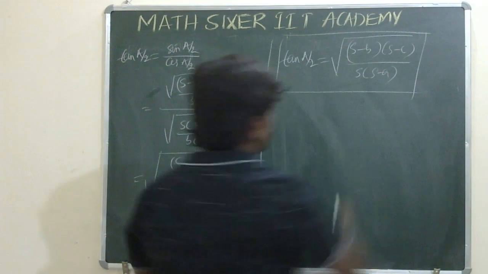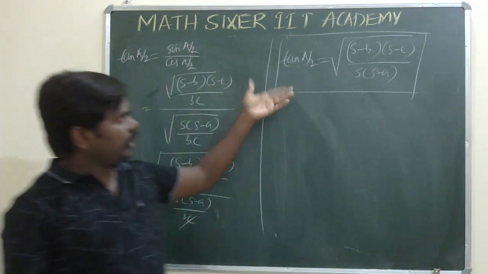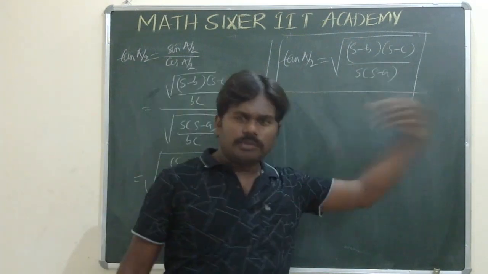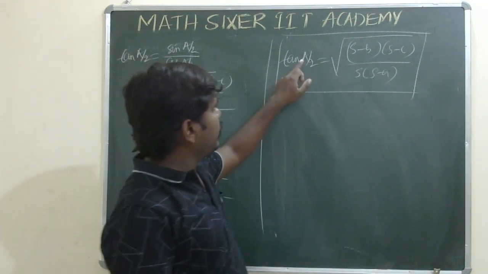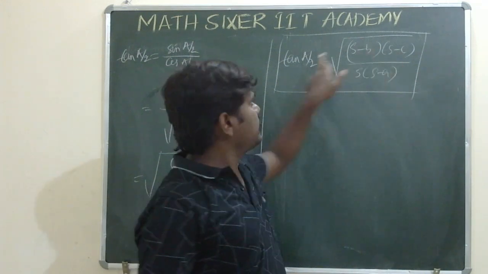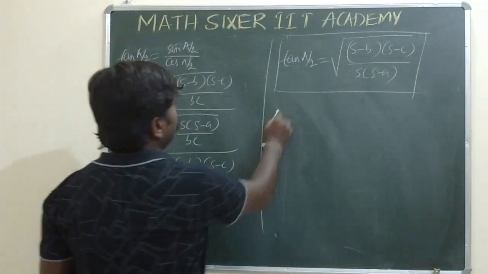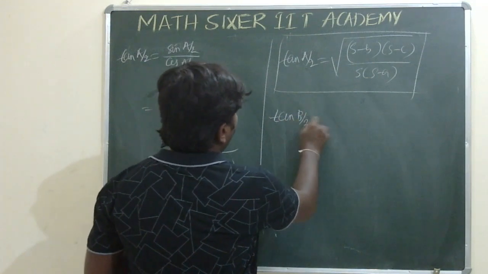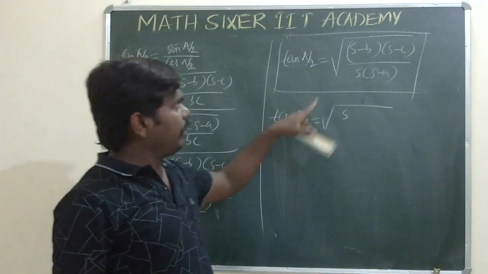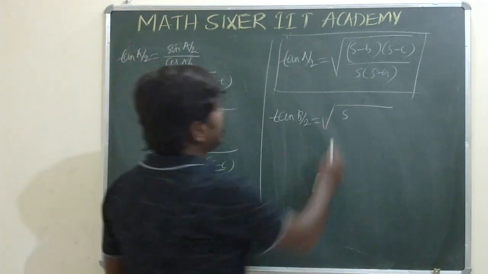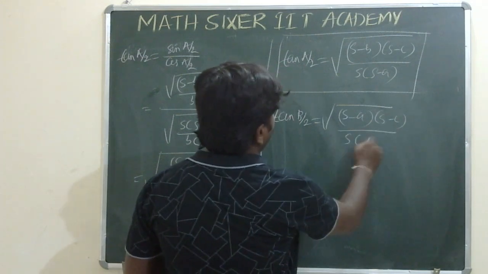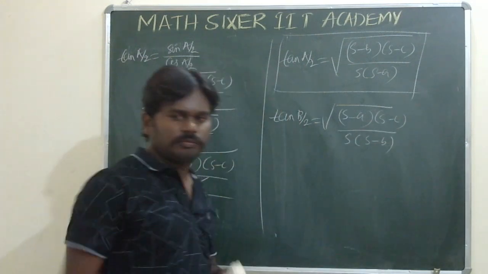Okay, so from this we can write tan b by 2 and tan c by 2. So alternate angle sides we have to substitute. So here a by 2 is there, so in the numerator we don't have a. That means here tan b by 2, when you are finding, what we have to do, means here we have to write every side except b. So that means here s minus a and also s minus c, by s into s minus b. Okay.